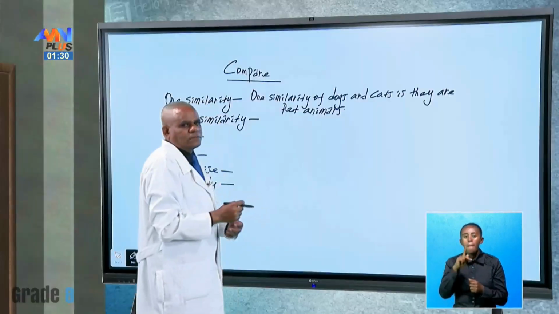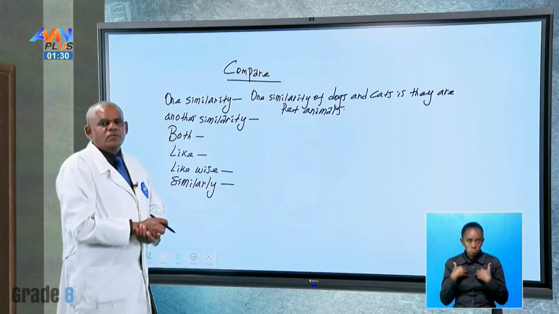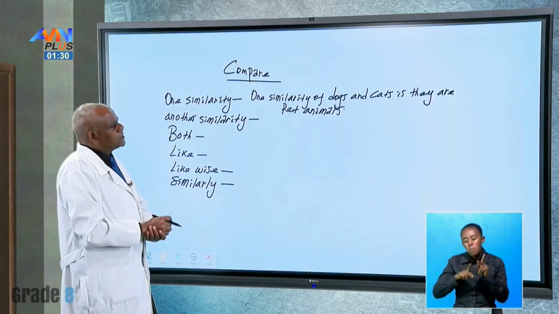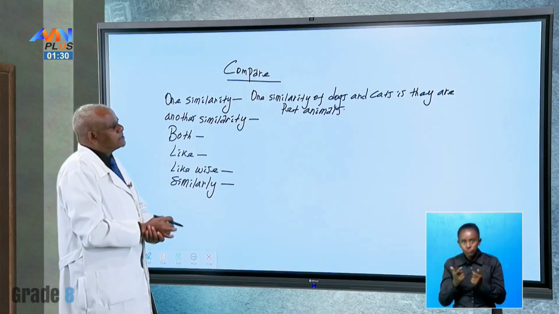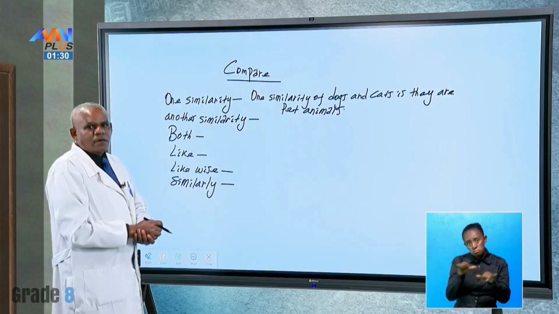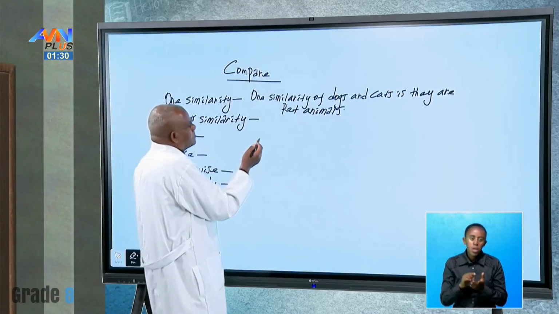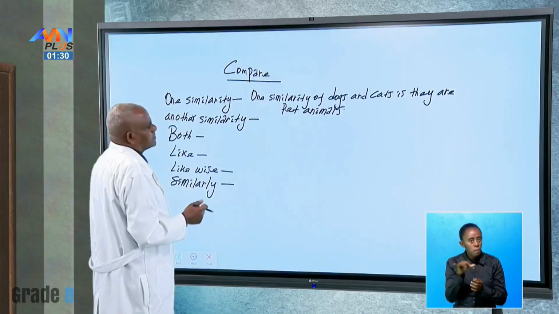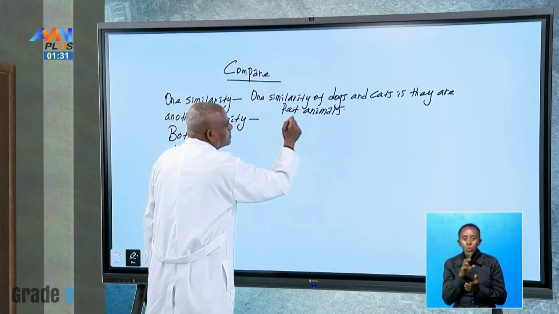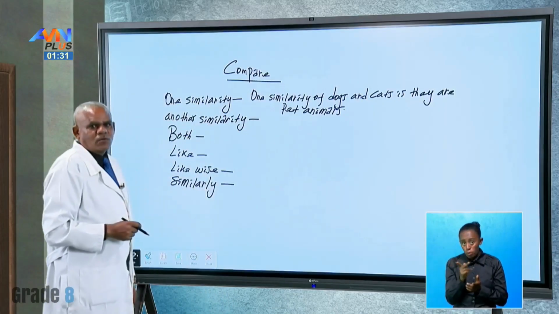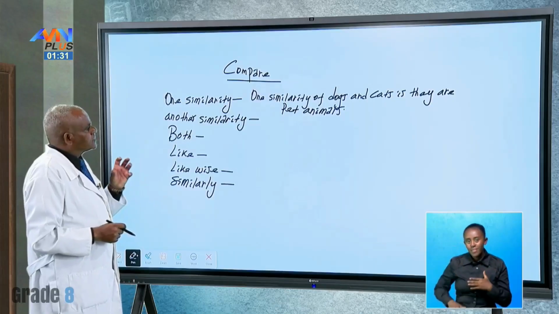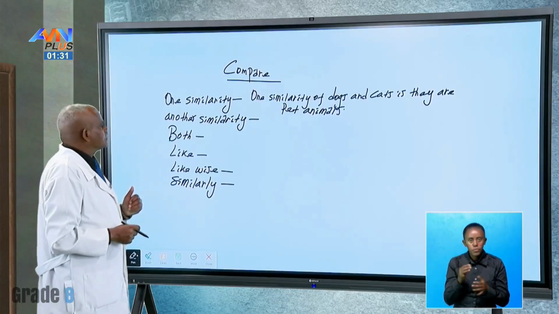Pet animals. The animals which live with the people. One similarity of dogs and cats is they are pet animals. Right? Therefore, what makes them similar is that they both are what? Pet animals. This is the way to make them similar in every context.